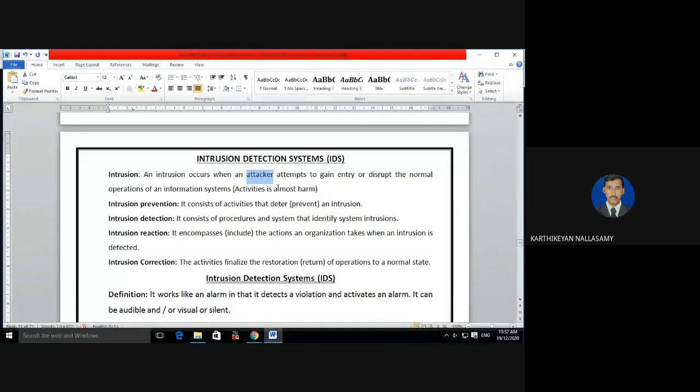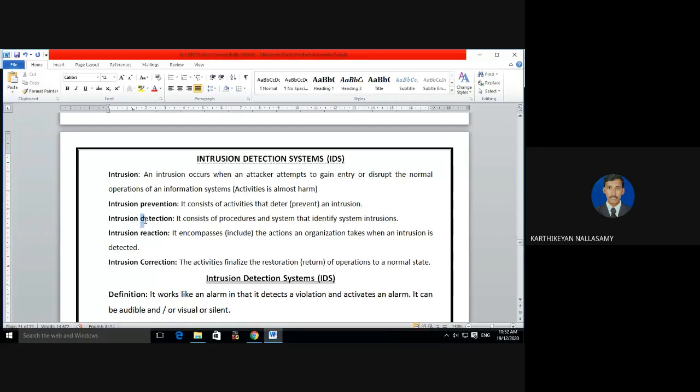Next is intrusion prevention. First we must know what intrusion is. Intrusion means an attack is possible, so we need to detect the intrusion. We need to frame a set of procedures for identification of this intrusion.